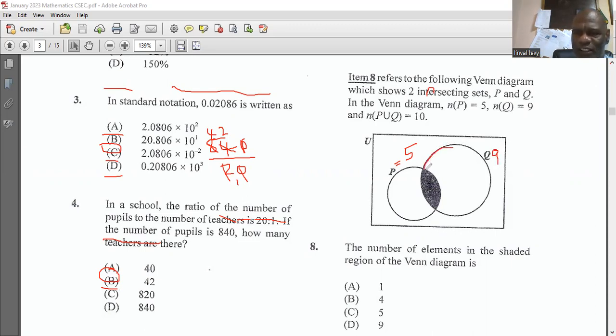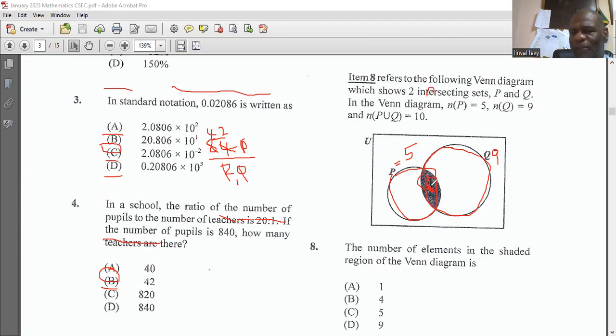All of this, sorry for my bad circle, all of this is Q. So some of Q is in here, right? And the same thing with P, that's P here, all of this. So some of the elements in P fall in here as well, all right?